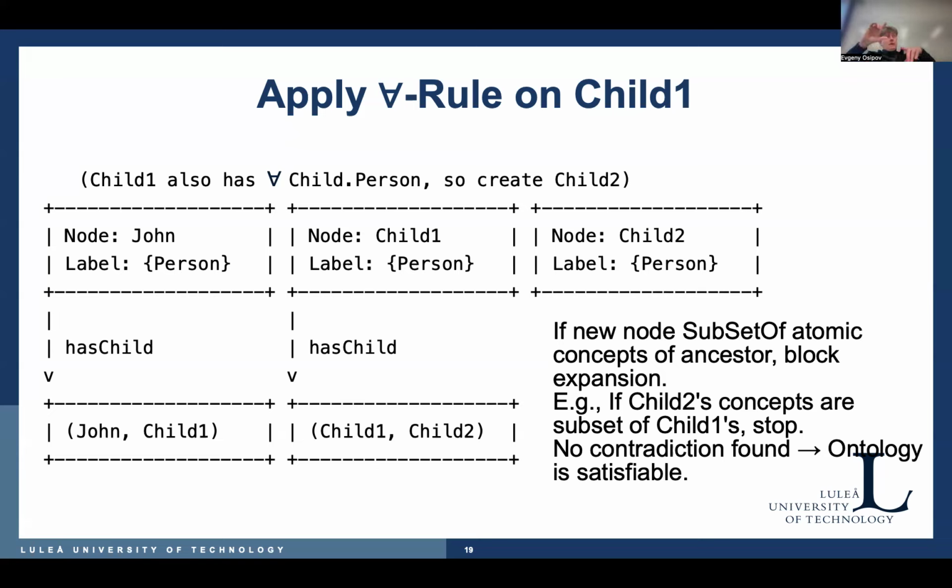This complication comes exactly from the expressiveness. In one of the logics, you can put some equivalence between has child and parent of, and then the tableau would be expanded in both directions.